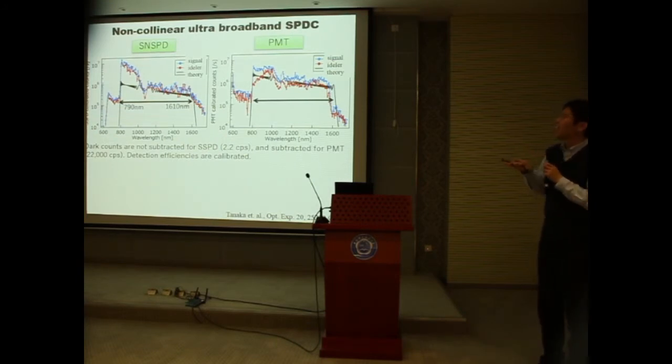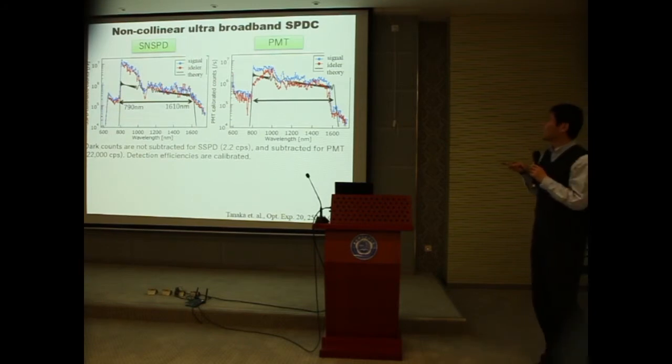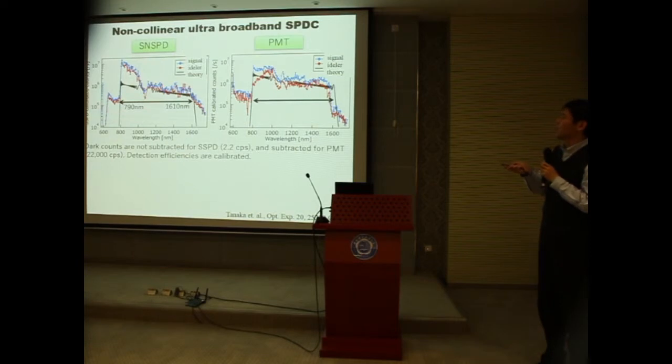It is because in order to observe such ultra broad bandwidth, we need special detectors like SNSPD or ultra broadband photomultipliers. And from each of the data, we confirmed that the emission is from 790 to 1610. This is more than 1 octave, right?